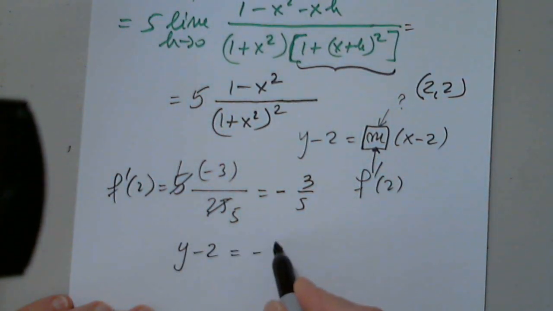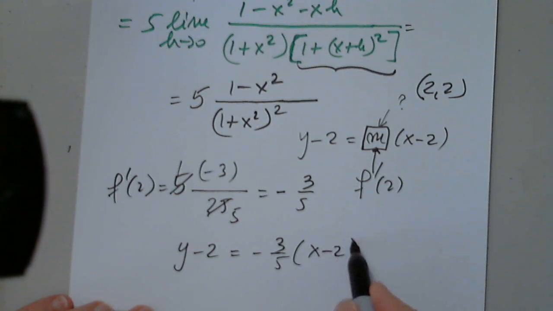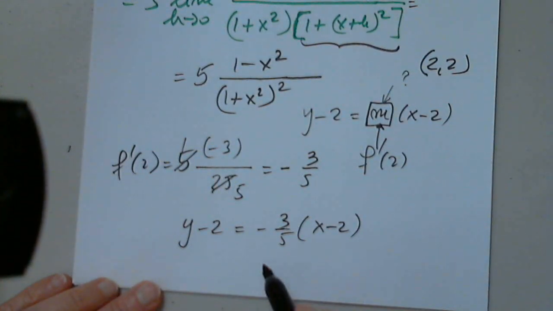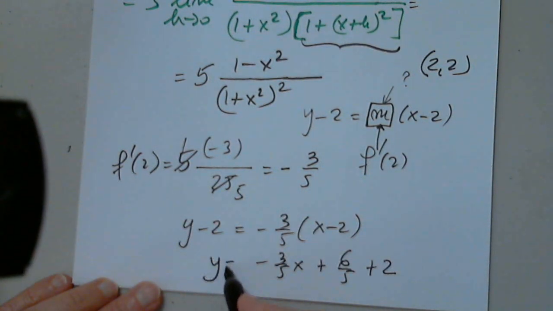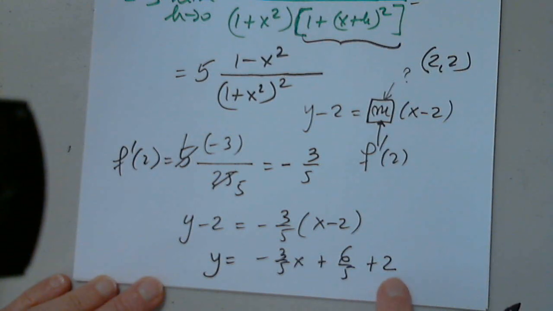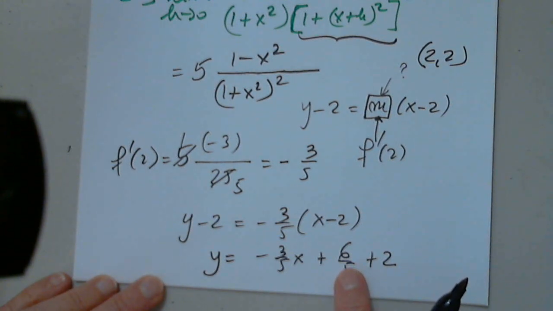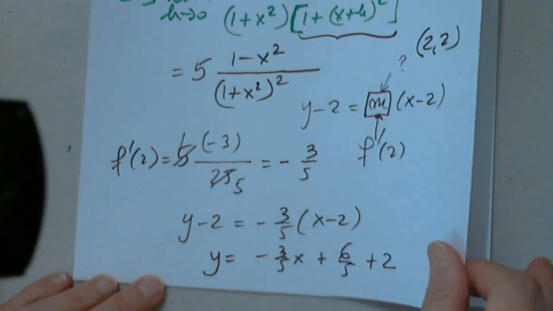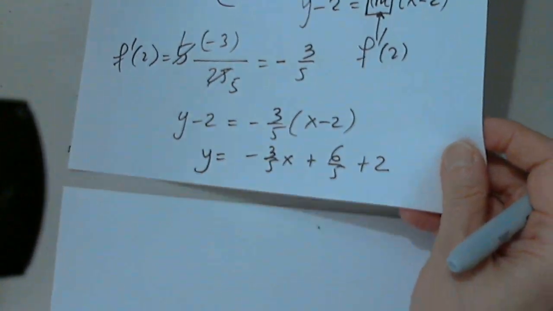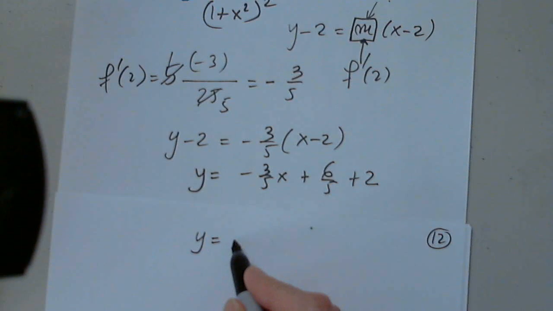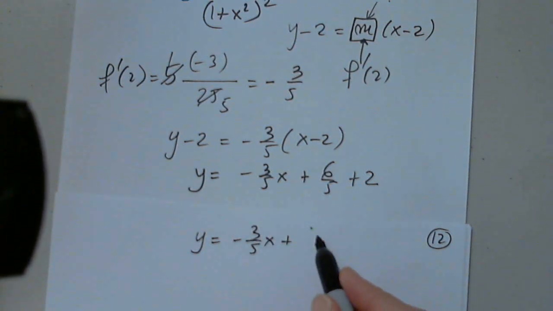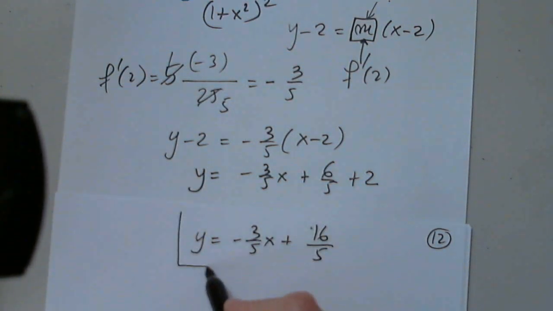Y minus 2 equals negative 3/5 and x minus 2. We distribute negative 3/5 x plus 6/5, and we have to add the 2. 5 times 2 is 10, 16. So the final form for the equation of the tangent line to the graph of the given function is y equals negative 3/5 x plus 16 over 5.